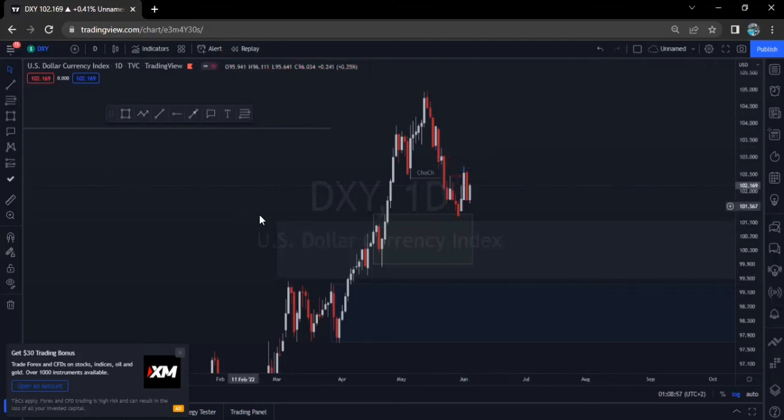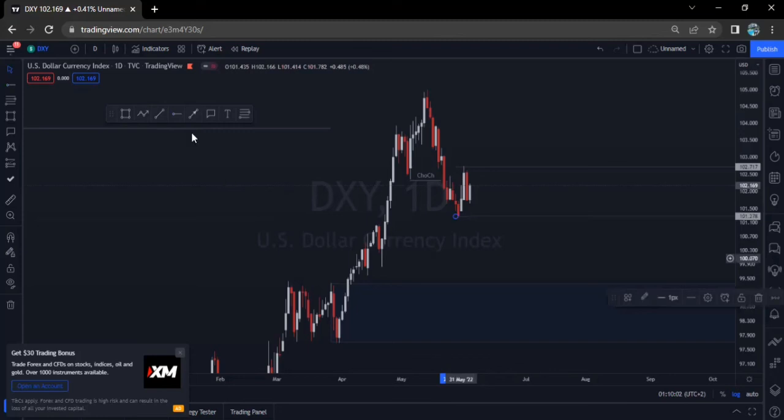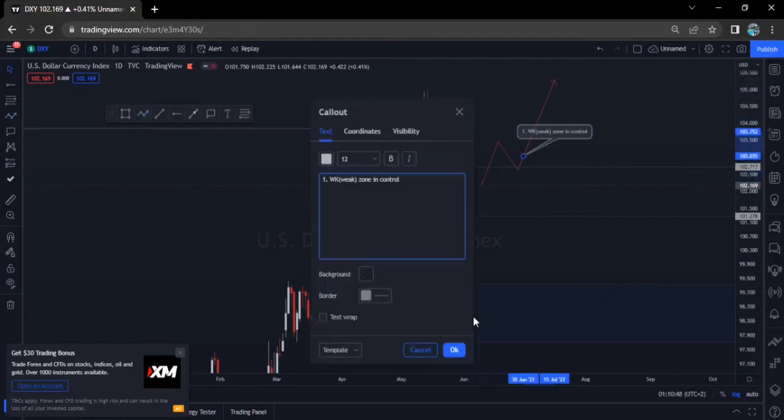But for me, okay, I'll wait for two instances. Let me remove this. I'll wait for the market to break out from either this high or this low. If the market breaks out from this high, then we know it's because the weekly zone is in control, but that zone is weak.